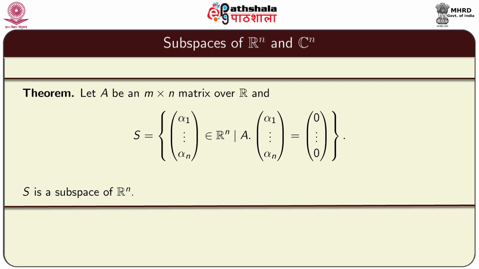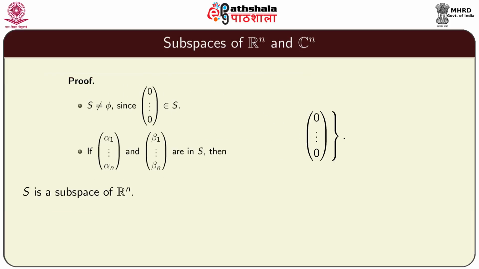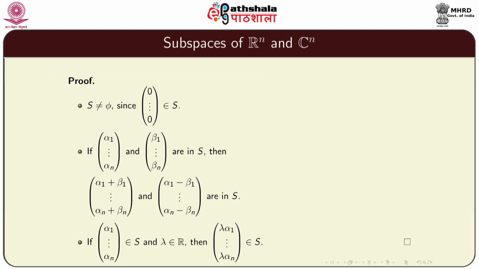This is nothing but the collection of all solutions of the homogeneous system of equations A x equal to 0. Now, we claim that S is a subspace of R n. How? First of all, S is non-empty because the 0 solution or the trivial solution is in S.